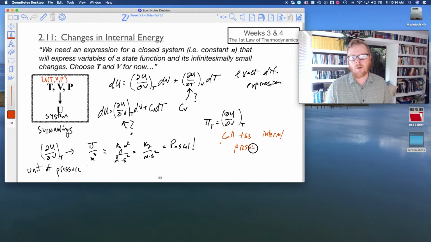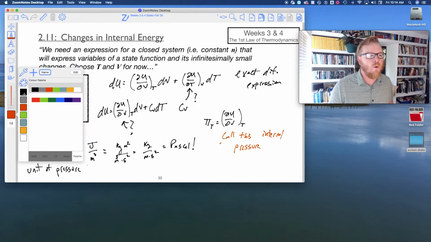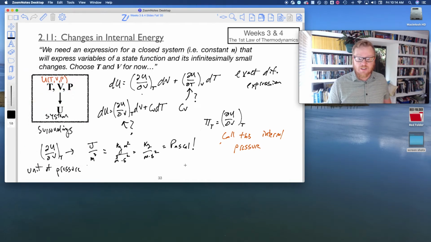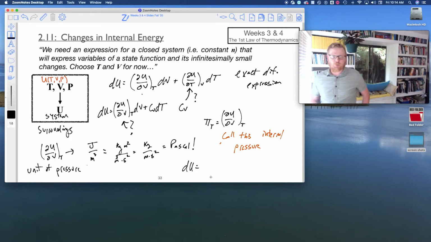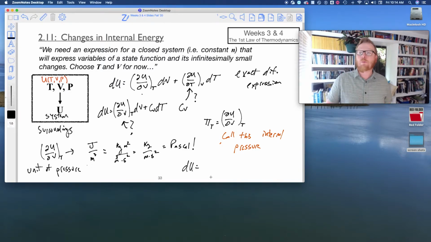Internal pressure. Excuse me. And we're going to see some consequences of what this internal pressure is. But all the same, now we can rewrite our exact differential expression of U. We can replace those derivatives with their corresponding physical observables, which is pretty cool.